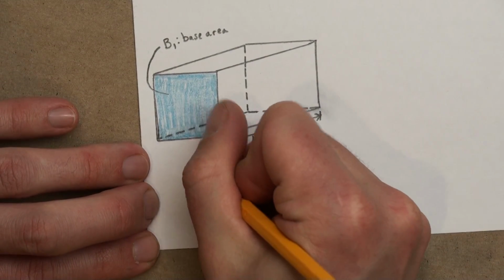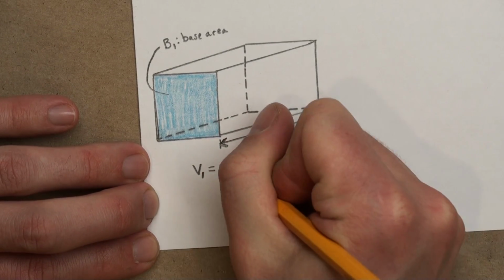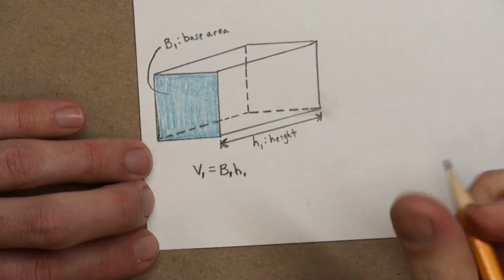Then the volume of this shape, let's call it V sub 1, would be B sub 1, H sub 1.